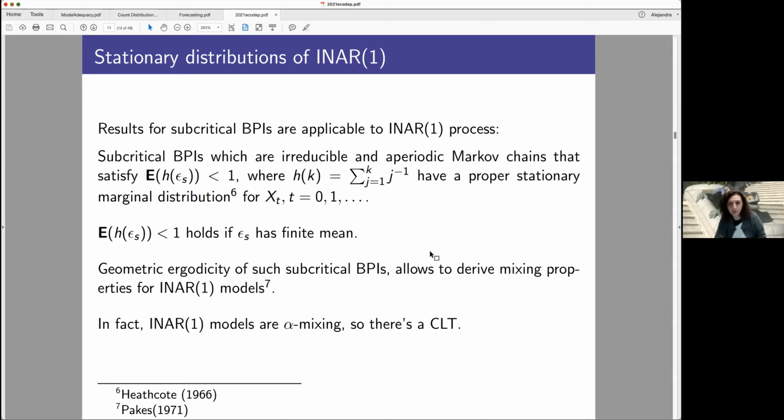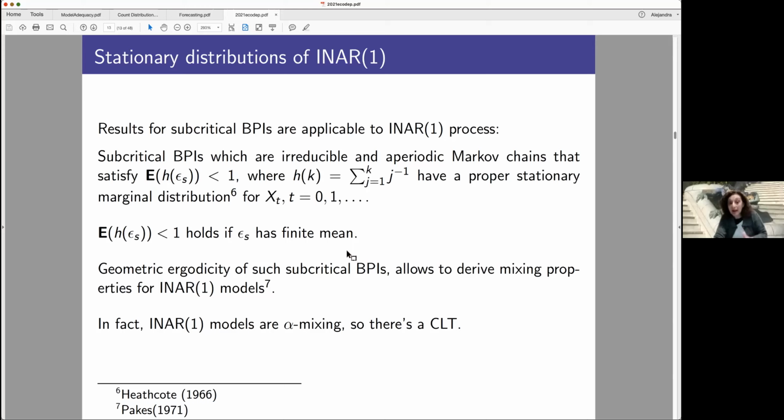And that also gives us mixing conditions. A subcritical branching process with immigration, which is also an irreducible and aperiodic Markov chain with the expectation of the innovation smaller than 1, then we have a proper stationary marginal distribution.